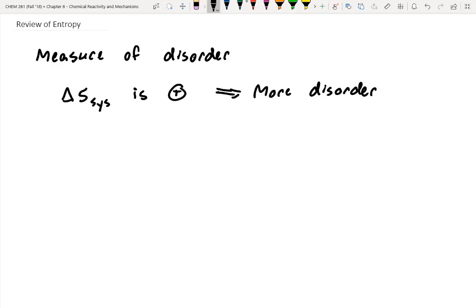So maybe you start out with 1 mole of something going in and you get 2 moles of products coming out. You're creating more disorder, more chaos in the system. Conversely, if delta S of your system is negative, that means things are getting more ordered.